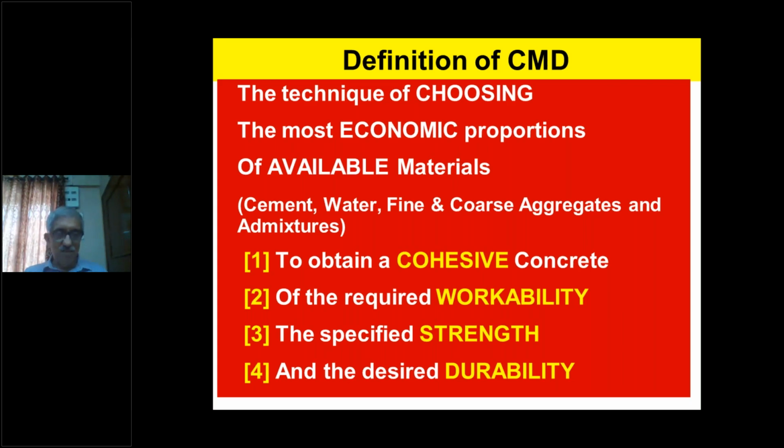So materials like cement, water, fine and coarse aggregate and admixtures are added to obtain cohesive concrete of the required workability, the specified strength and the desired durability. So this is a very important definition. Now, of course, in high performance concrete, this definition no longer holds good.